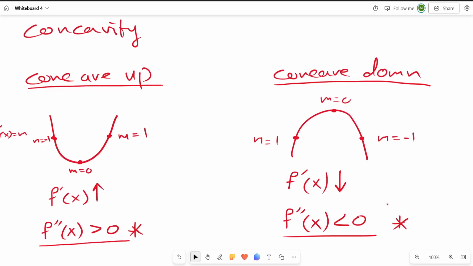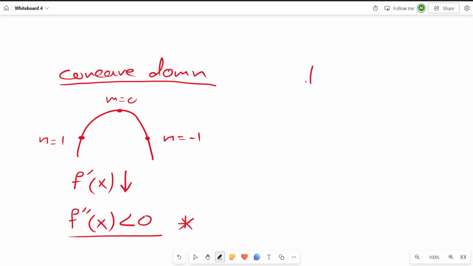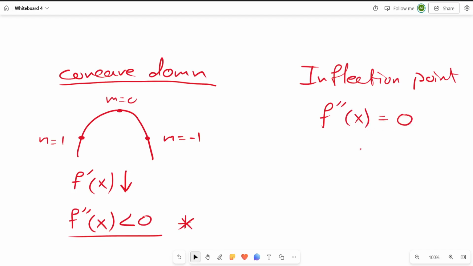Another thing, which is called the inflection point, this is the point where the second derivative is exactly 0. So when the second derivative is exactly 0, that means that at this point, the function is neither concave up nor concave down.